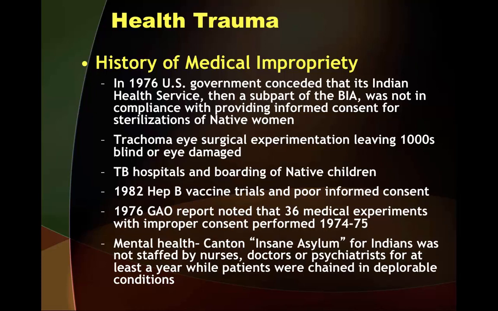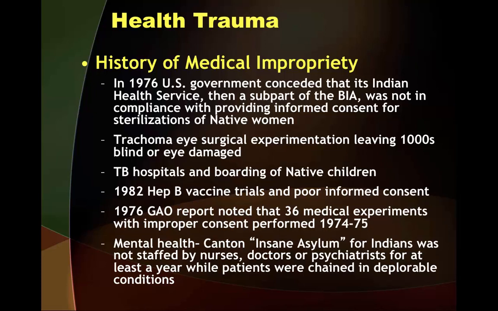There were eye surgery experimentations that left Native people blind and damaged. In TB hospitals and boarding schools, Native children received inadequate health intervention. Just as recently as 1982, there were hepatitis B vaccine trials on Native American communities with poor informed consent.